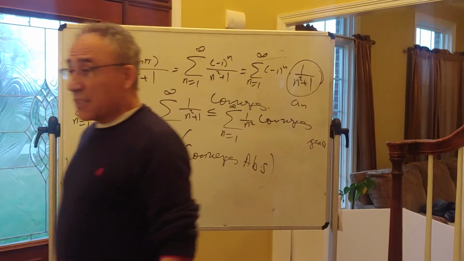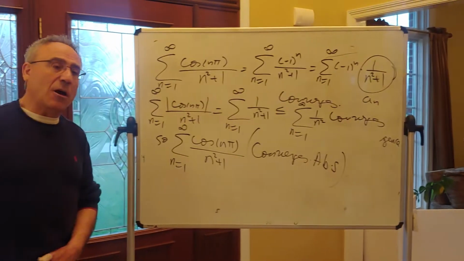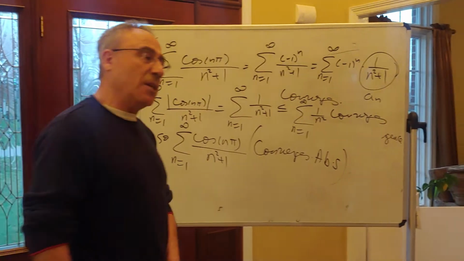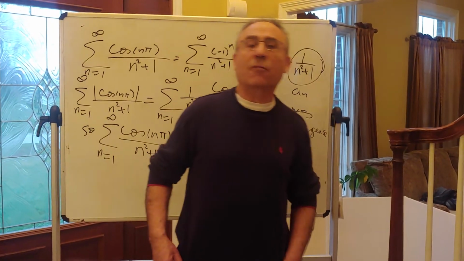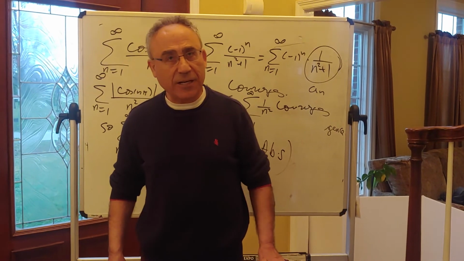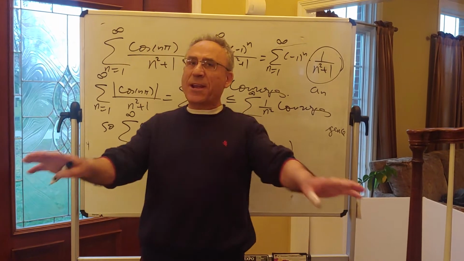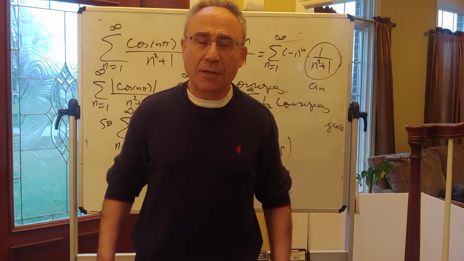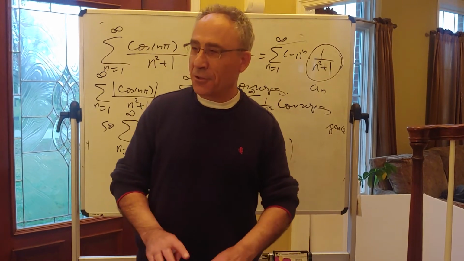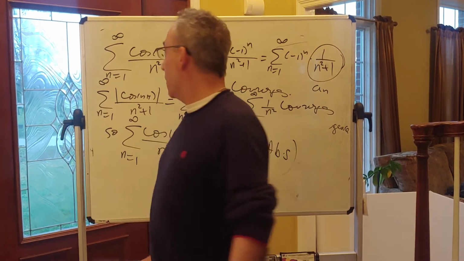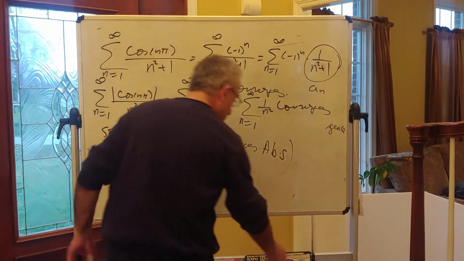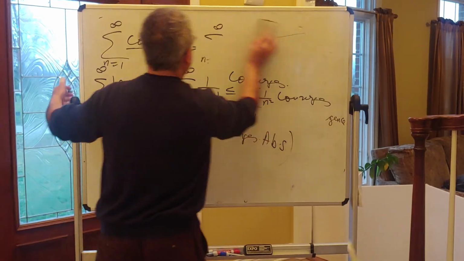Now, if it does not converge absolutely, then you can try the alternating series test and see if it converges, and if so, then it converges conditionally. Is that clear? I know there are too many technical words thrown at you, but you're smart enough to figure it out, and I'm going to give you some homework problems to practice.